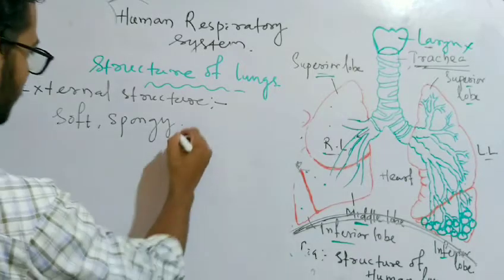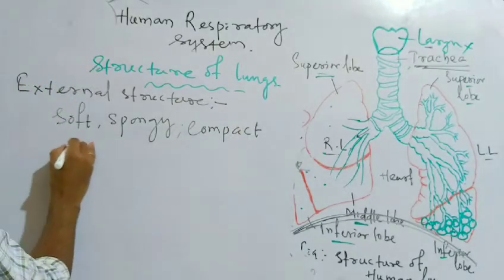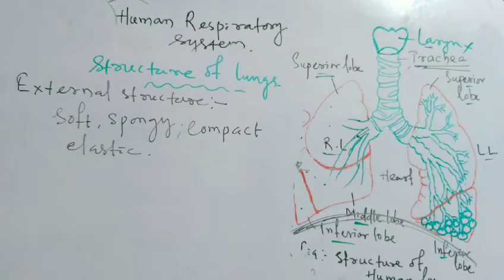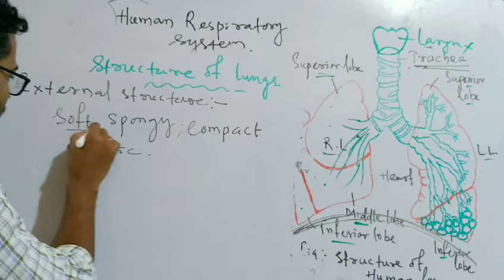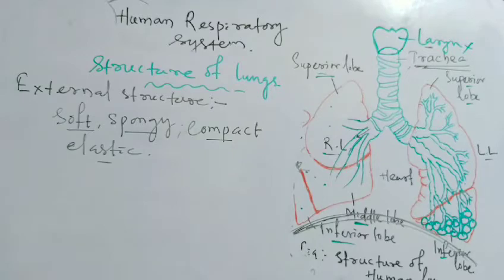It is compact, and also elastic. So these are the external properties. We can find the lung to be soft, spongy, compact, and elastic.